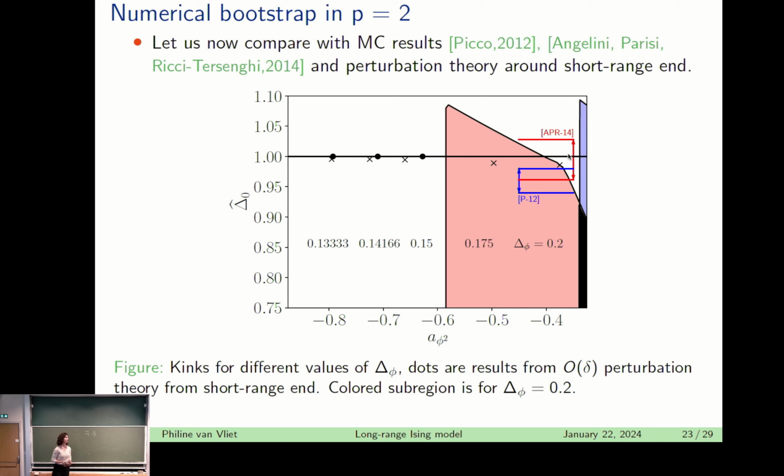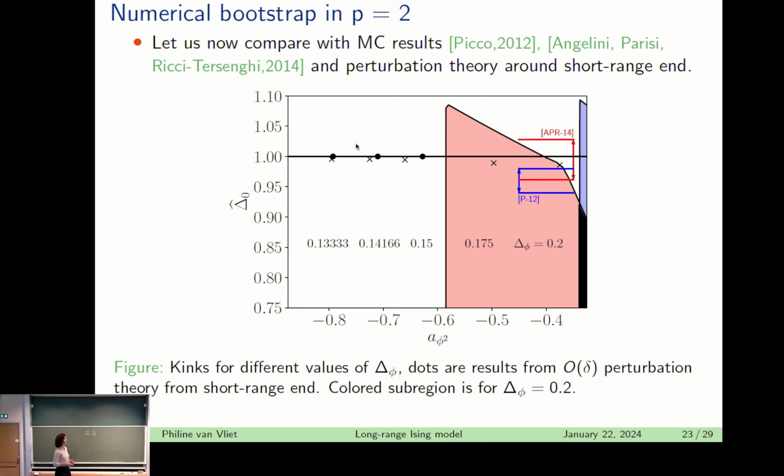One of our motivations was to see if the conformal bootstrap would be able to favor one of the two instead of the other. These simulations are done around the short-range Ising point, so for delta phi equals 0.2, that is the shaded region here. And for these other values, the kinks are given by the crosses.